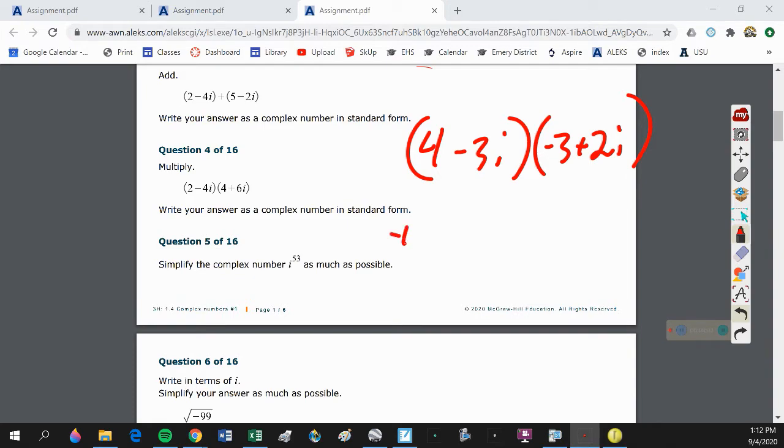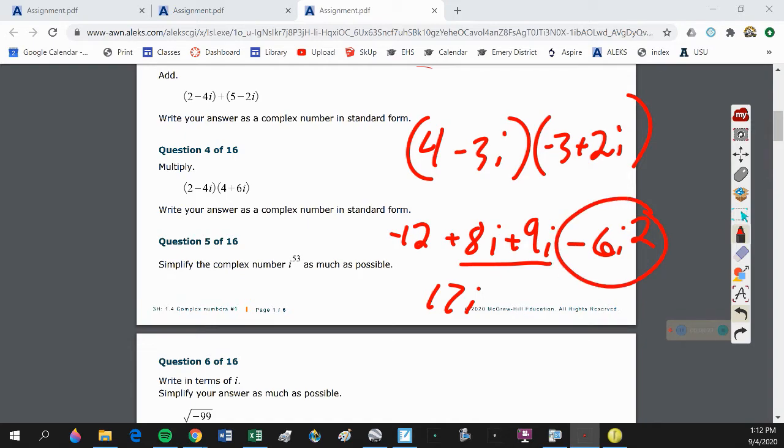So, negative 12 plus 8i plus 9i minus 6i squared. Do you follow that? Well, those combine to be 17i, and this is really just plus 6, and that joins with the 12, like that.